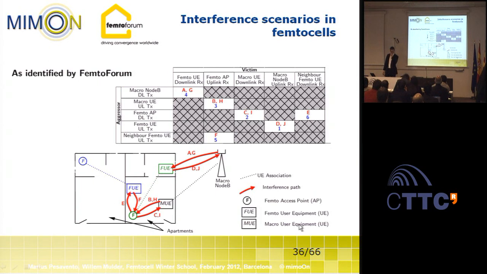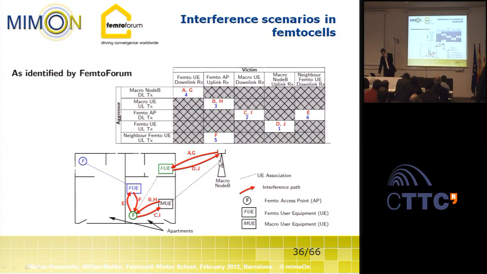So, for example, let's say we have a femtocell user that is transmitting to its base station in the uplink. Then, of course, it's also at the same time creating interference to the base station of the macrocell.